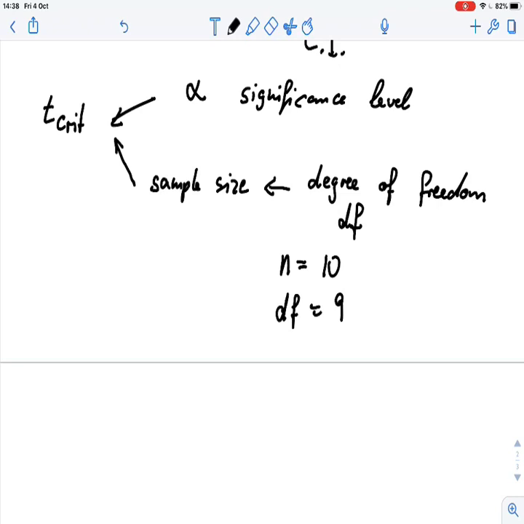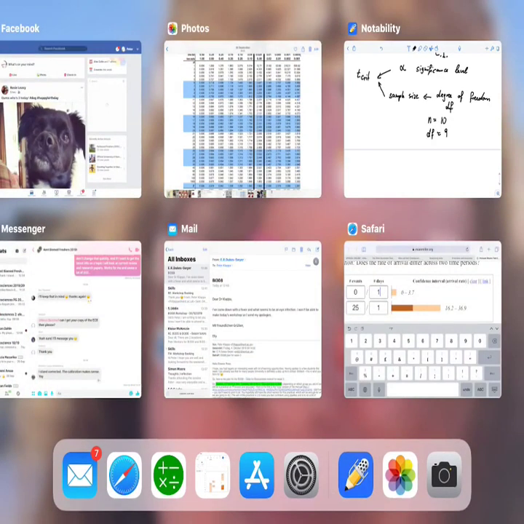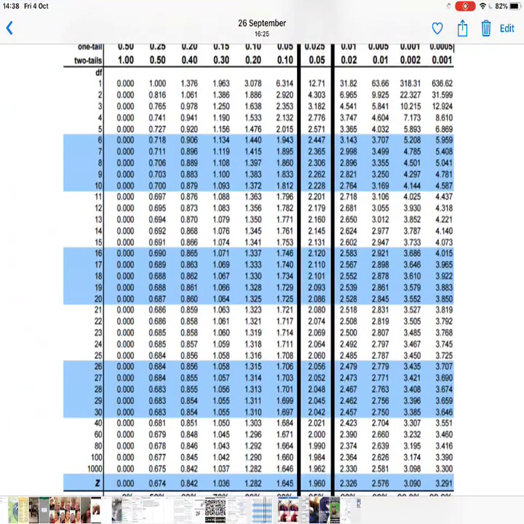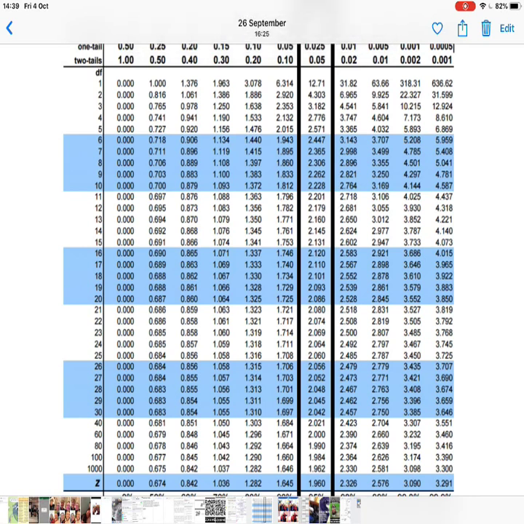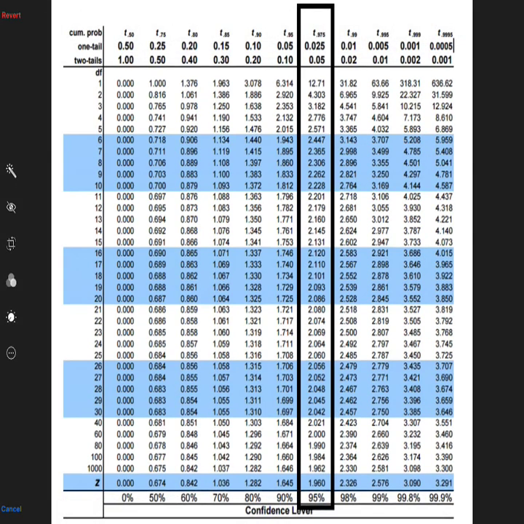Have you all worked with T tables? Yeah? You love them. Oh yes, here it is, a wonderful t-table. Remember that? Yeah? Hate it.